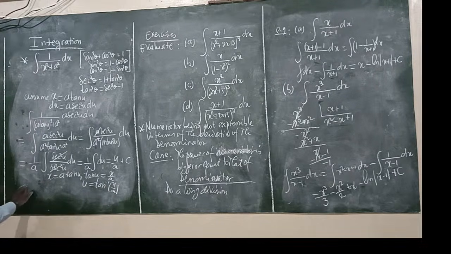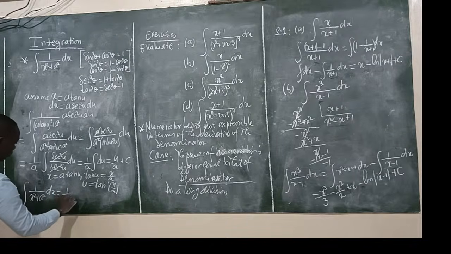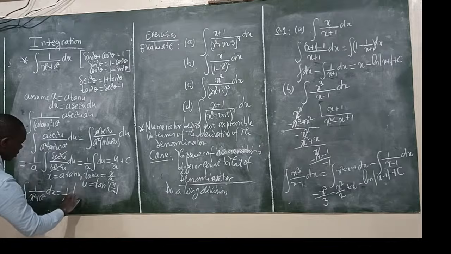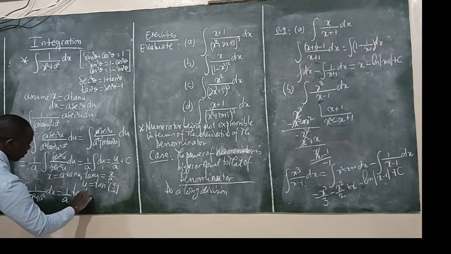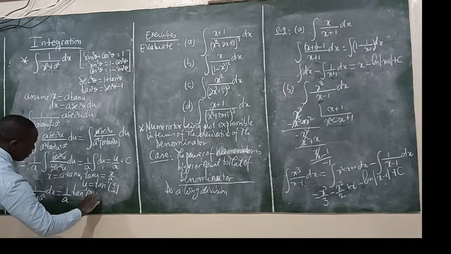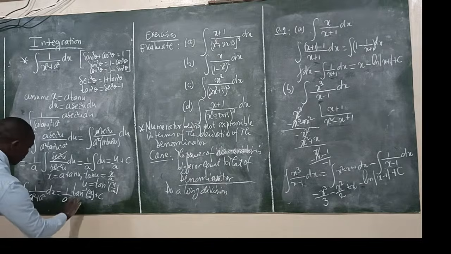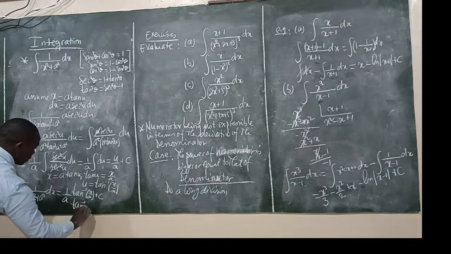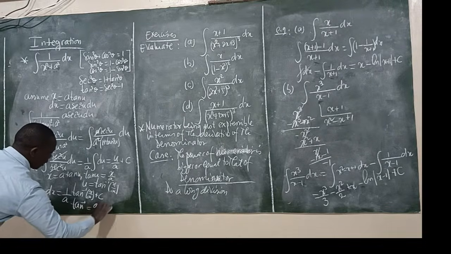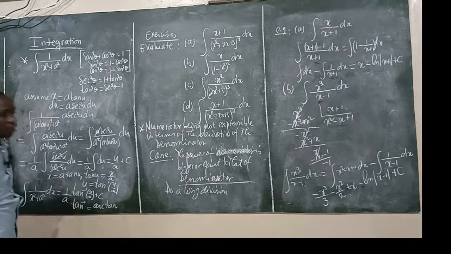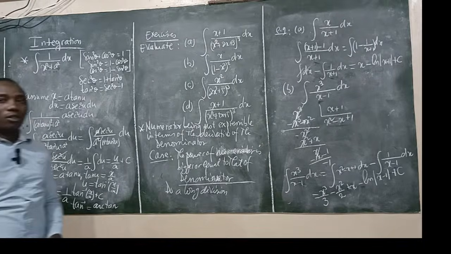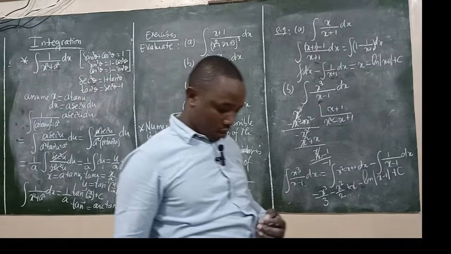That's why the integral of 1 over x squared plus a squared dx is equal to 1 over a times tan inverse of x over a plus c. Remember, tan inverse is the same as arctangent. Hope that you are getting this.